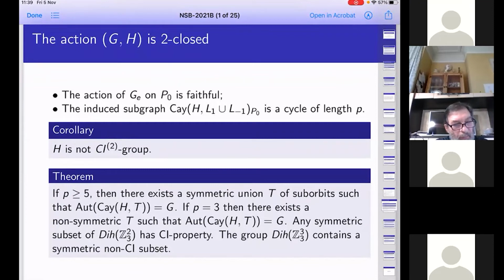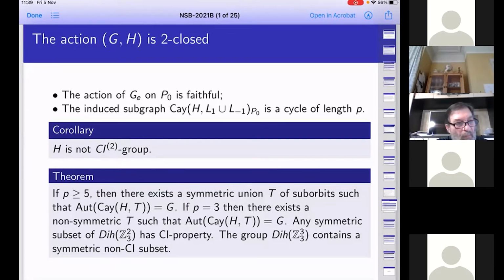Roughly speaking, we took three parabolas, one pair of lines, and two singletons in order to get a connection set, the automorphism group of which is the same as G. And in order to prove that the automorphism group is the same as G, we use calculations in the Schur rings.